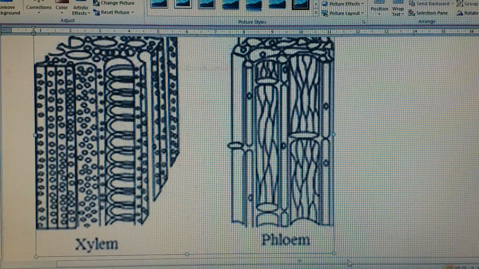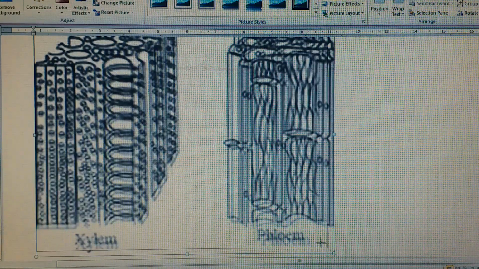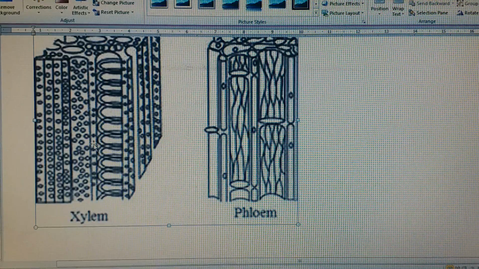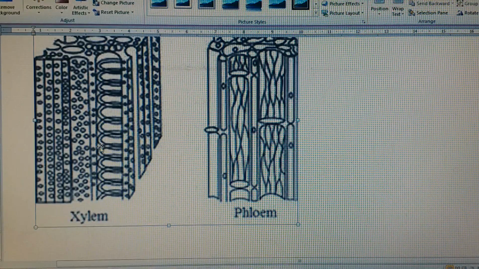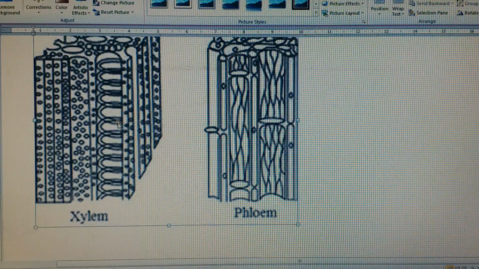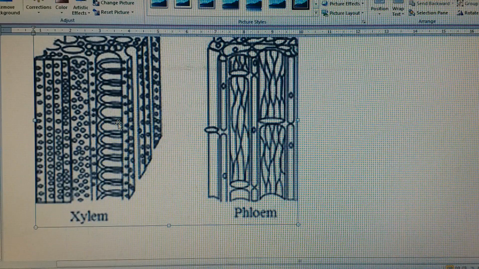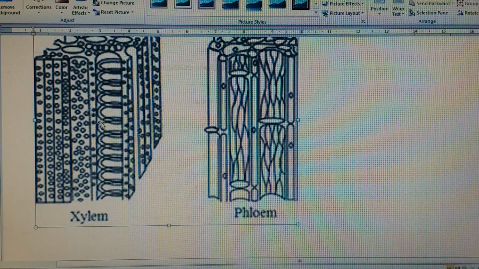So one structure I want to discuss here is this structure where some spiral structures and some dotted structures are present. These are the tracheids.